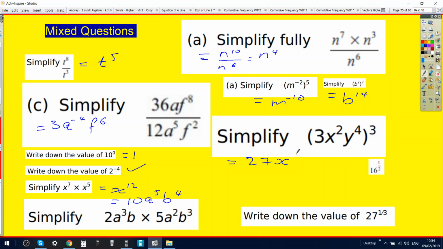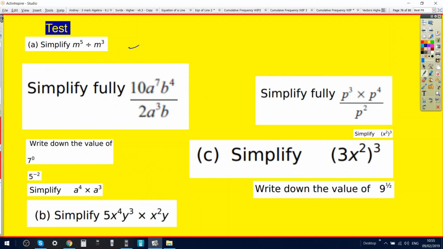I'm not sure. Index to a power. Index to the power, would that just be times? Yep. Be 6. And then y to the power of 12. And this one. Will it be 4? Yes.